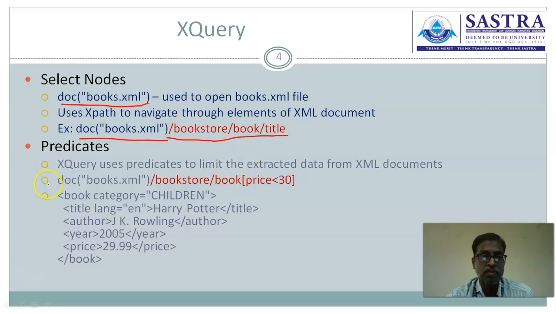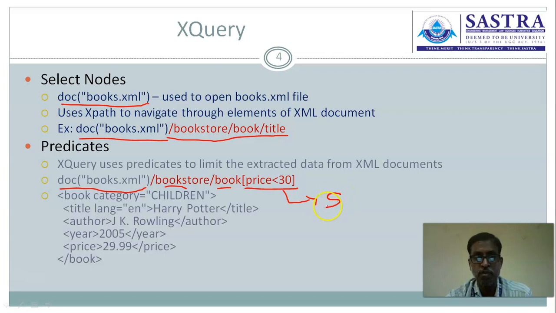An example is doc books.xml, bookstore root element, and book of price less than 30. This is XPath. Here, what we are changing in XQuery, we need to give some variable, let us say $x.